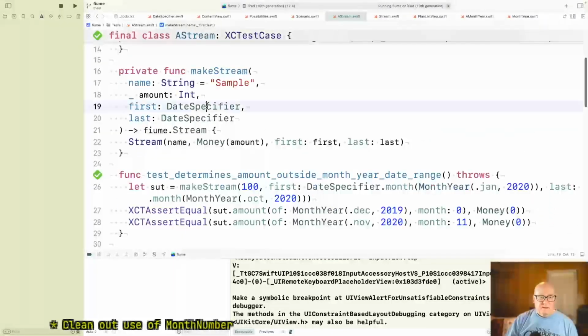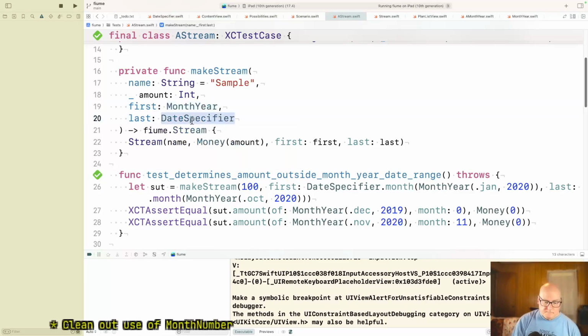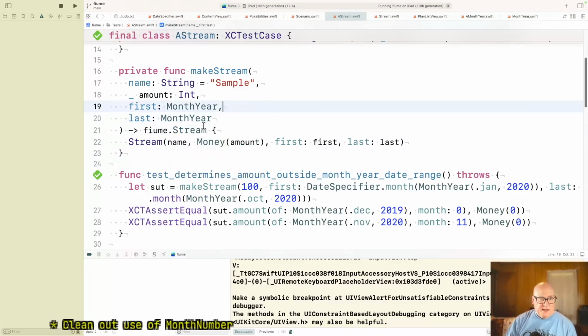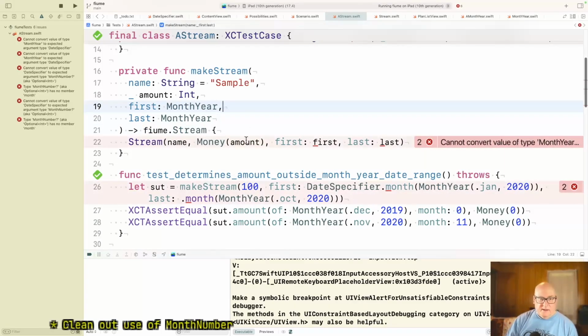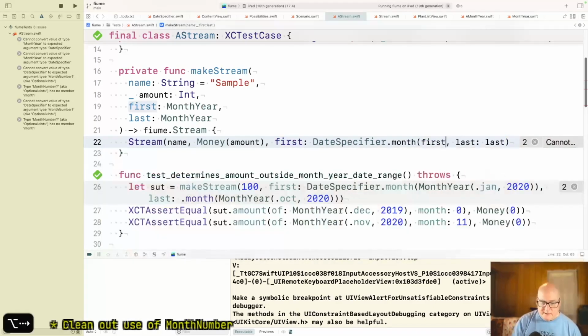Let's make this become month year. Now, I could duplicate it and all that, but I think there's only a handful in here. And first now needs to be a date specifier.month of that.